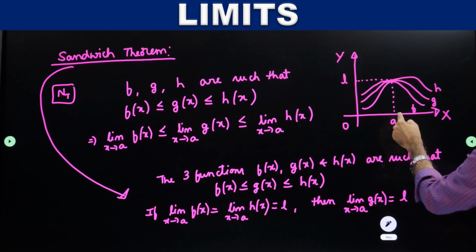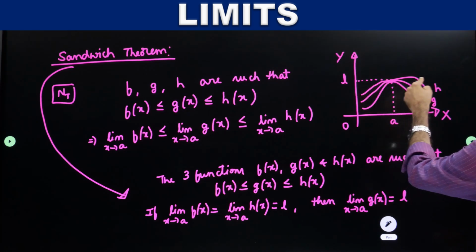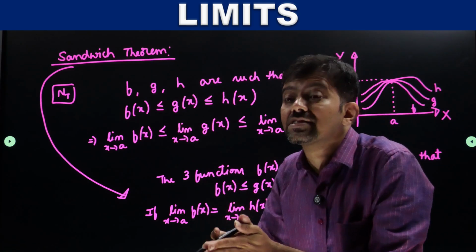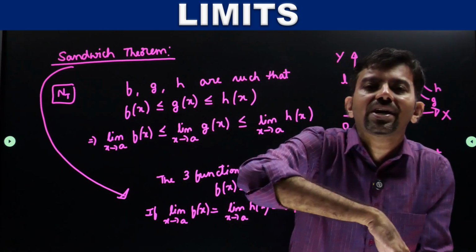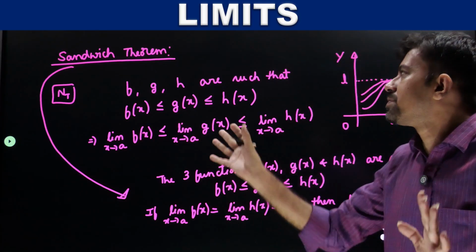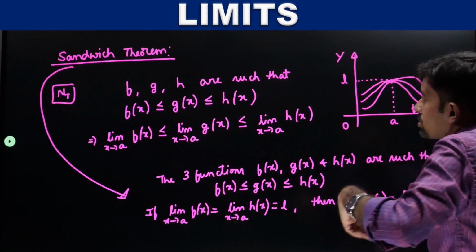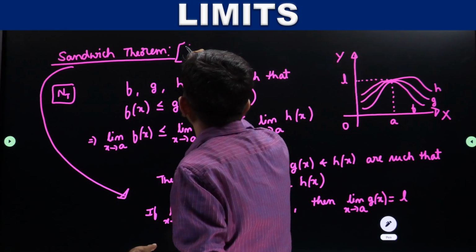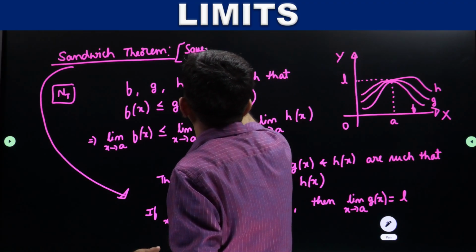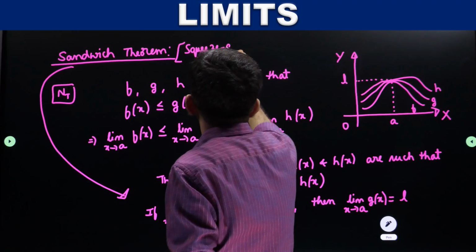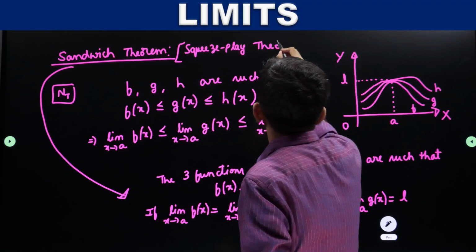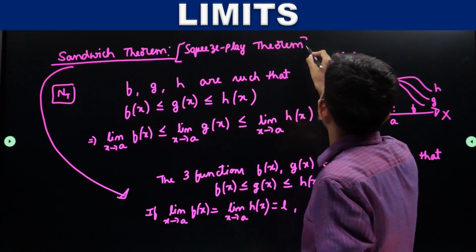As x is approaching a, f of x is approaching L. The first one is f, the second one is g and the third one is h. As x is approaching a, the limit of f is L, the limit of h is L, and the limit of g is also going to be L, because g of x is sandwiched between f of x and h of x. Hence the name sandwich theorem. It is also called the squeeze play theorem.